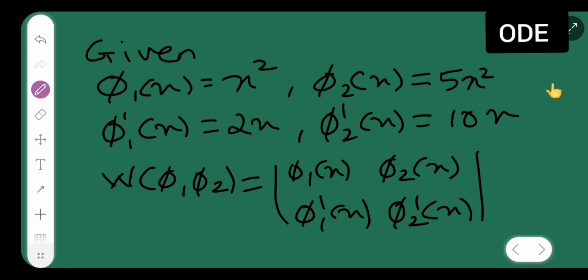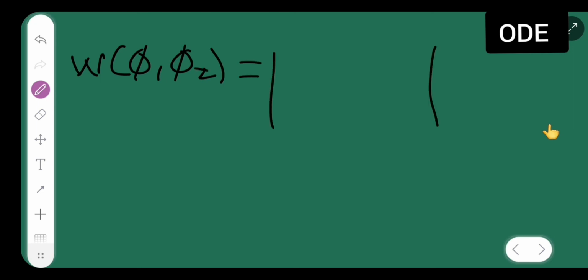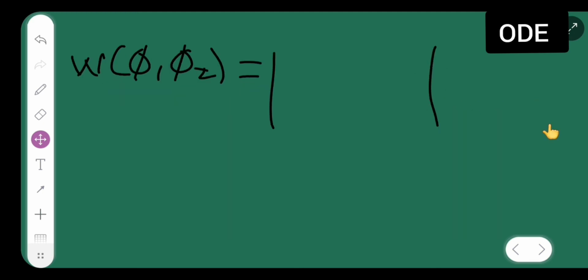Phi 1 of x is x square, phi 2 of x is 5x the whole square. Then the derivative of x square is 2x, and this is 10x, 2 5s are 10x.